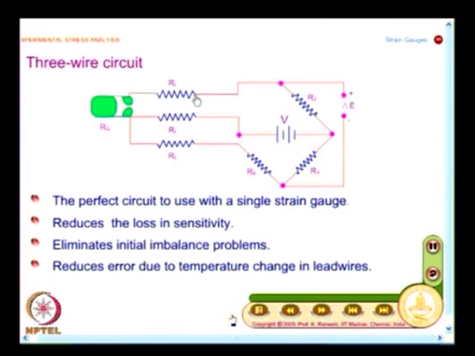So, when I have 3 lead wires, you have one lead wire attached to one of the arms, you have another lead wire attached to another arm. Thus, it eliminates initial imbalance and also reduces error due to temperature change in lead wires, because adjacent arms cancel each other.